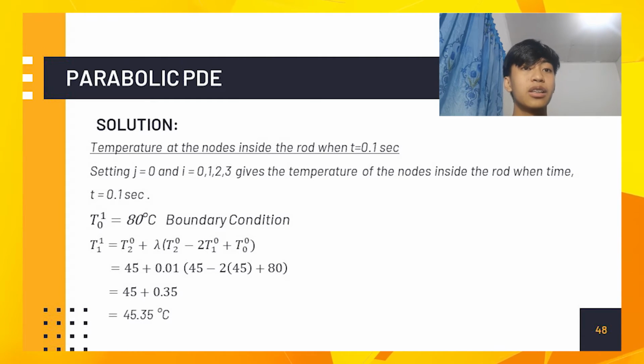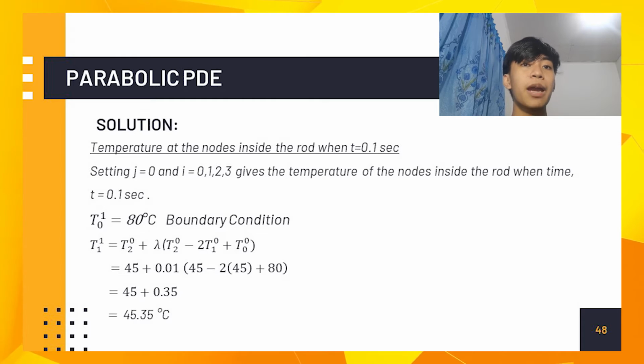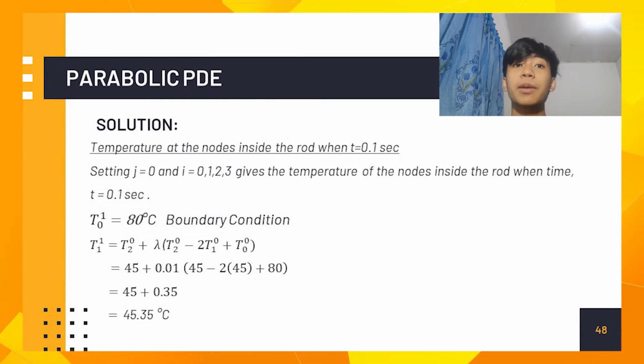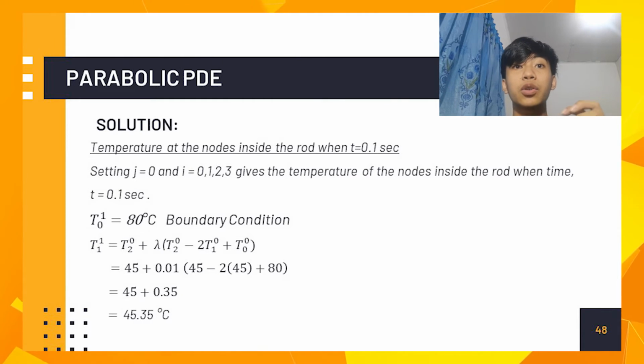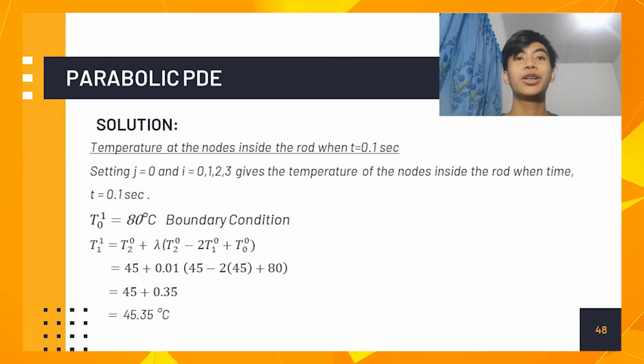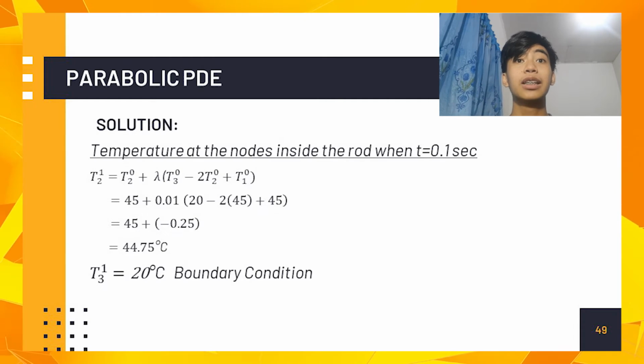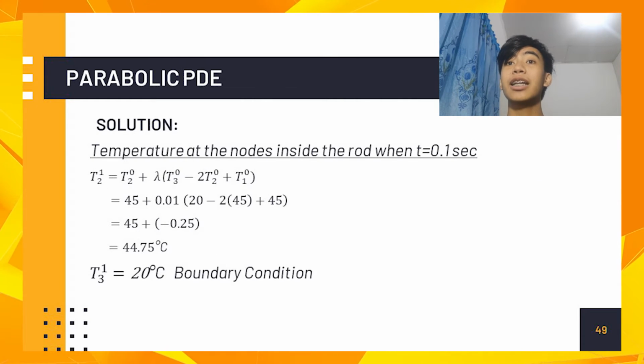So, it equals 45 plus 0.1 multiplied by 45 minus 2 multiplied by 45 plus 80, which is equal to 45.35 degrees Celsius.